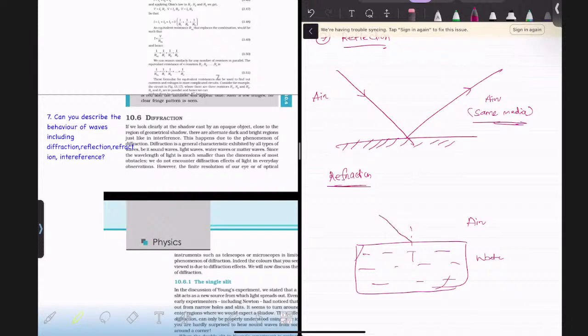So the light is coming and moves here. Okay, if it deviates from its path because it is moving from one media to another media, that is known as refraction. Different media.